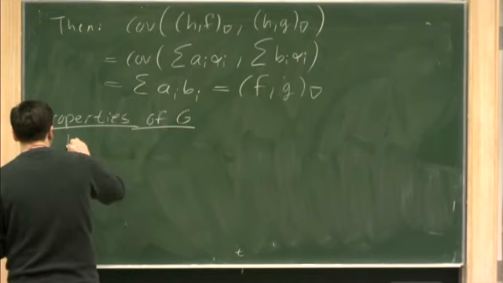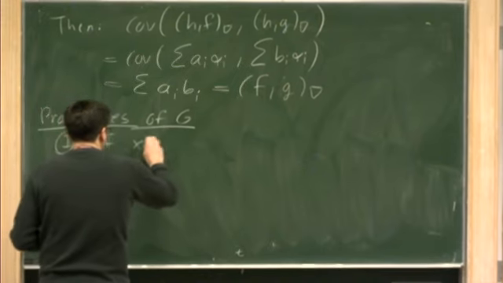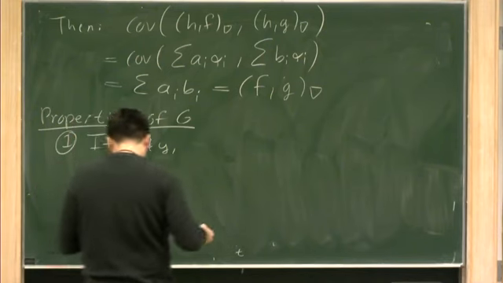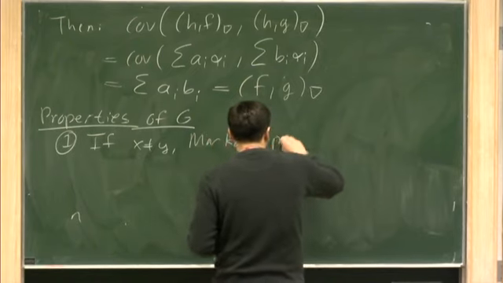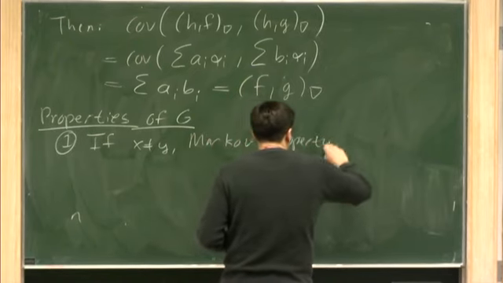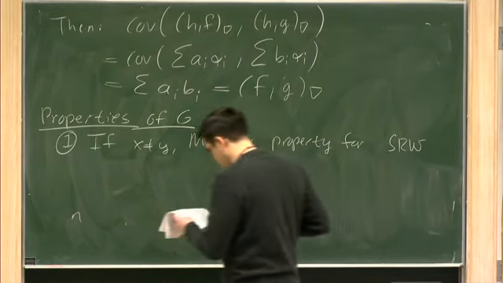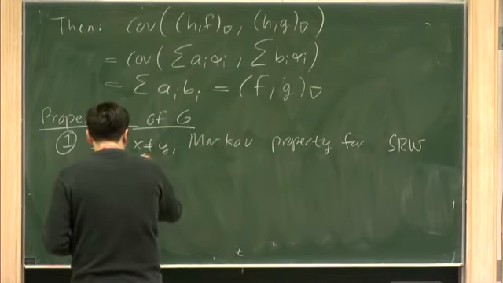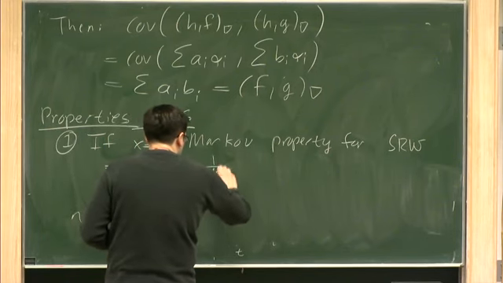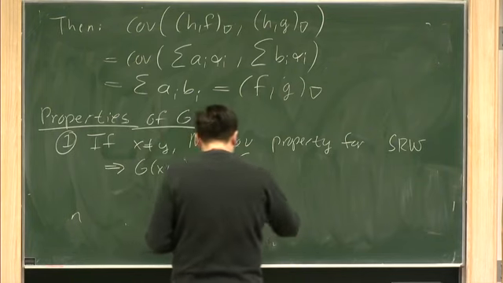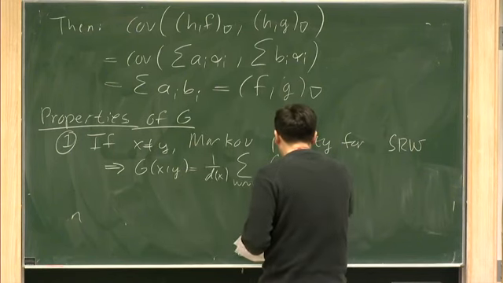First of all, if x is not equal to y, then the Markov property for our simple random walk implies that g of x, y is equal to 1 over d of x times the sum over all vertices w adjacent to y in the graph of g of w, y.